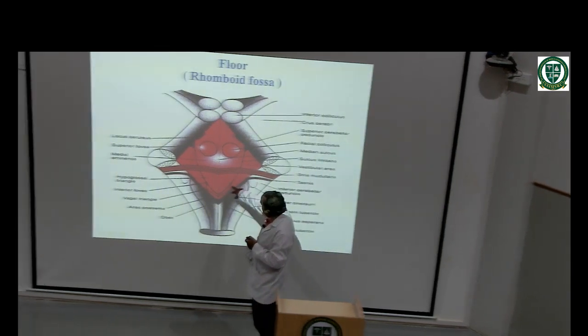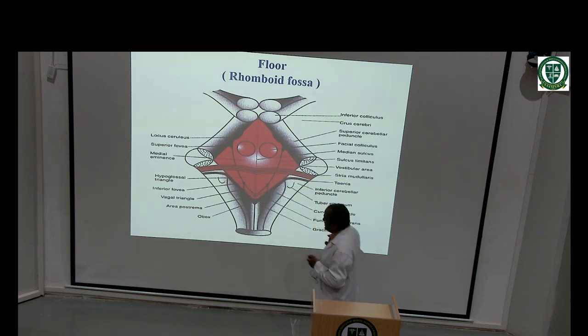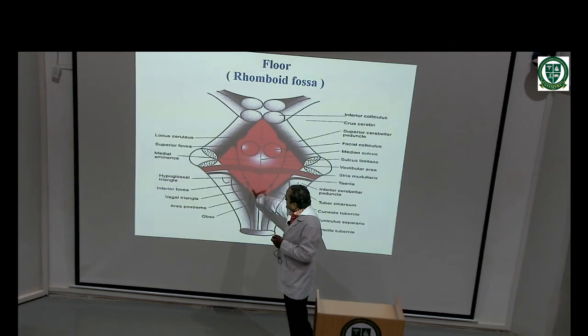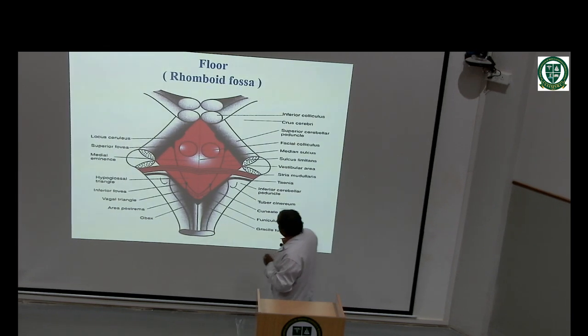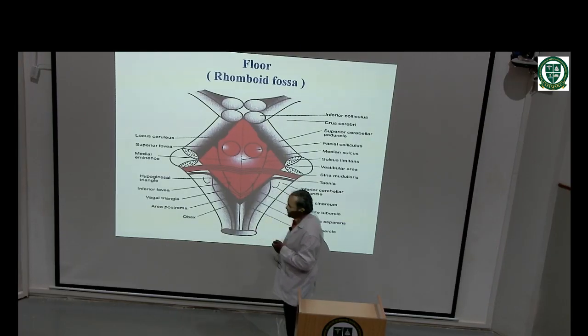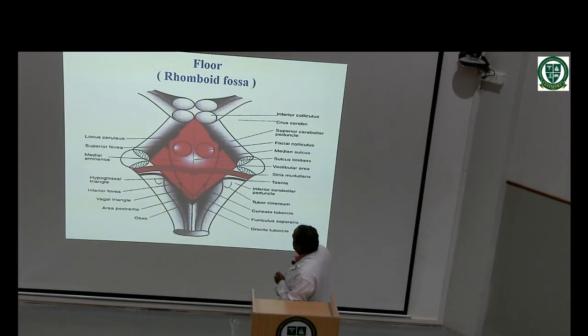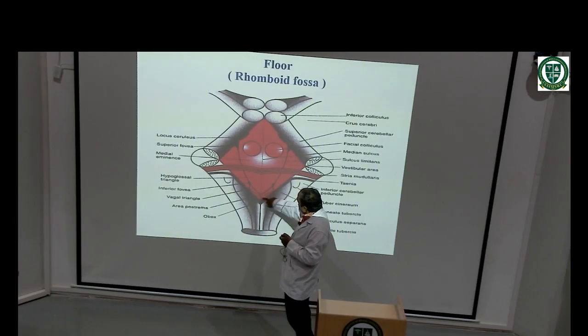From the inferior fovea, the sulcus limitans runs in the medial direction, and the sulcus limitans of both sides meet in the midline. As a result, two areas are formed: above, the hypoglossal triangle, and below, the vagal triangle.